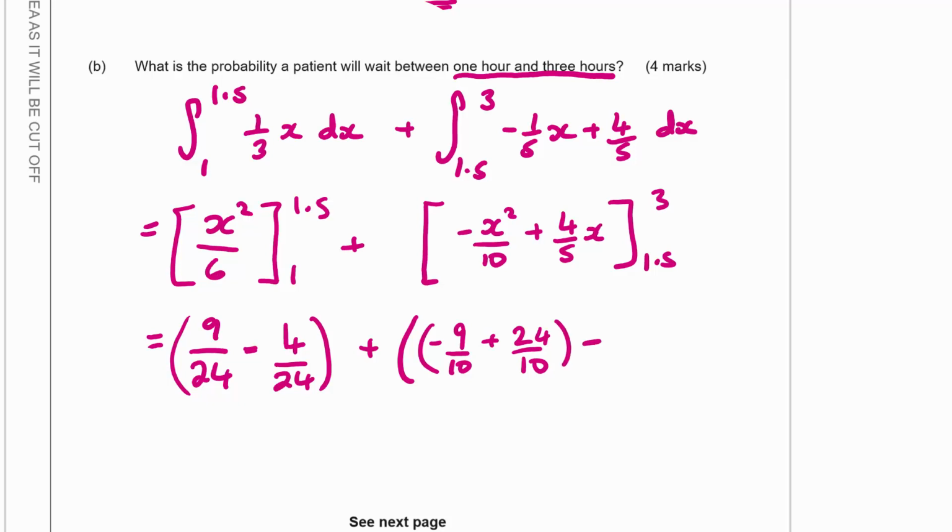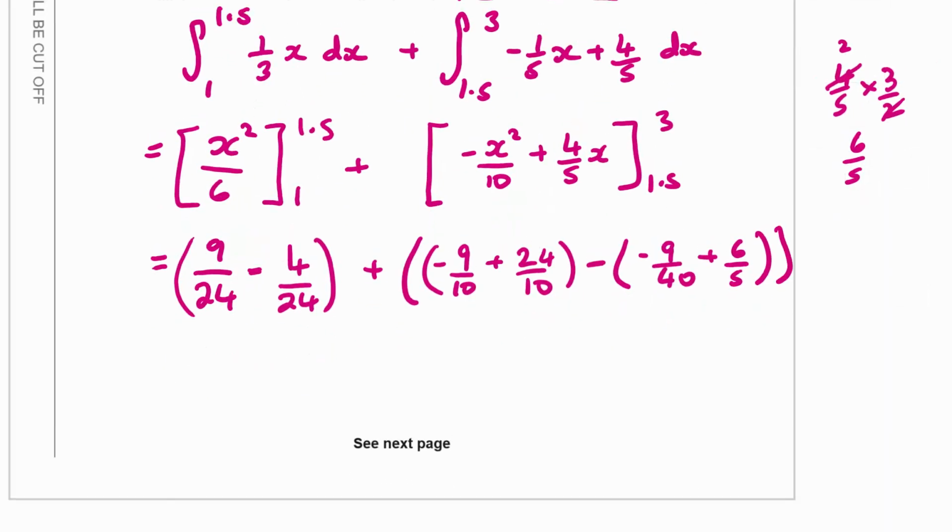And with the 1.5, so 1.5 is 3 over 2, square that is 9 on 4, so that's going to be negative 9 on 40 plus, then we've got 4/5 times 3 over 2, which is 6 over 5. Okay, so this one's 5 over 24.